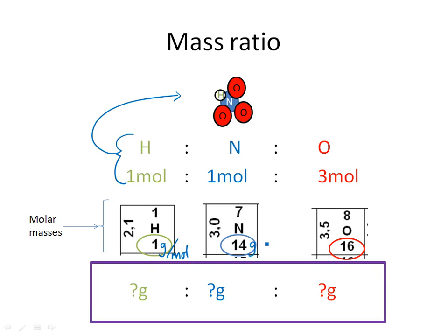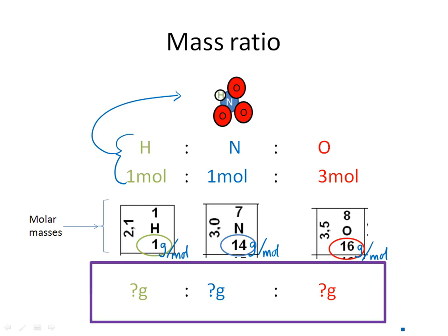So 1 mole of hydrogen atoms has a mass of 1 gram, whereas 1 mole of nitrogen atoms has a mass of 14 grams, and 1 mole of oxygen atoms has a mass of 16 grams.